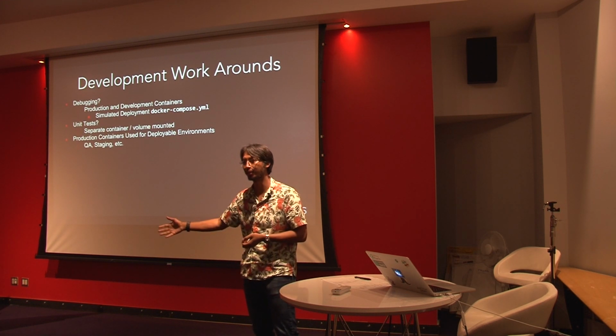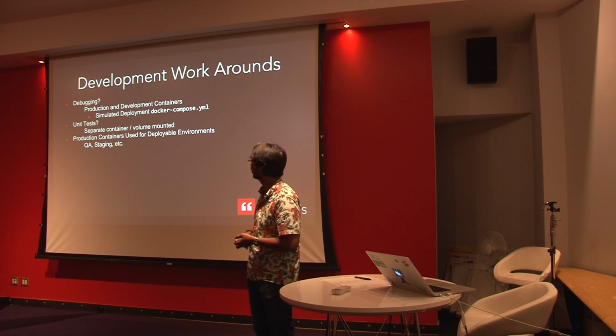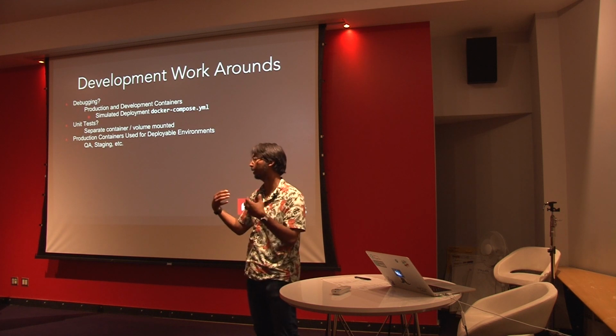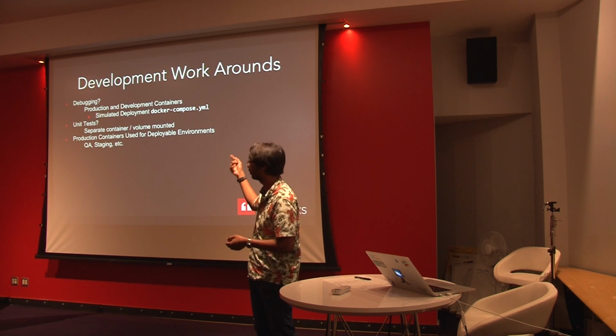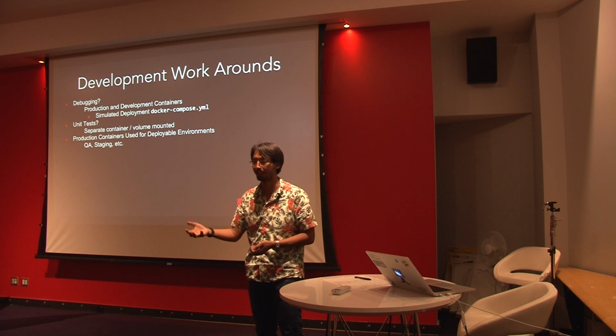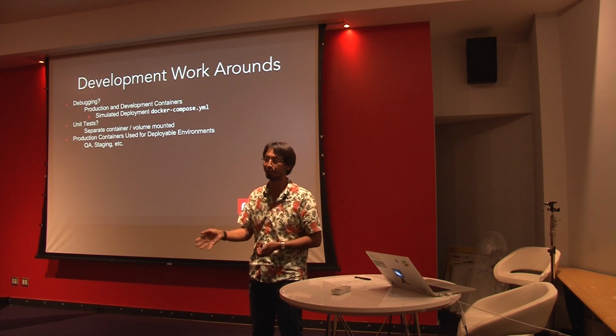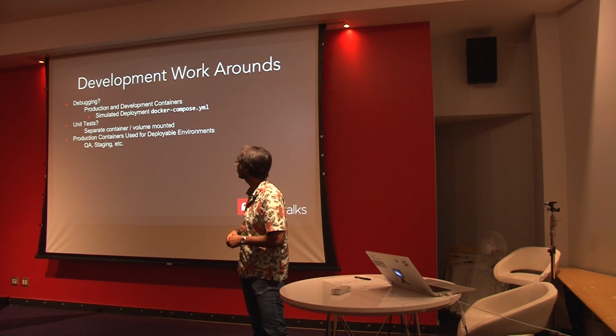You don't want any of that inside your production one whatsoever. You can, however, simulate a production deployment by using Docker Compose, and it will run your production images as they would be on your local. You just have to put in different environment variables to point to different databases and whatnot.